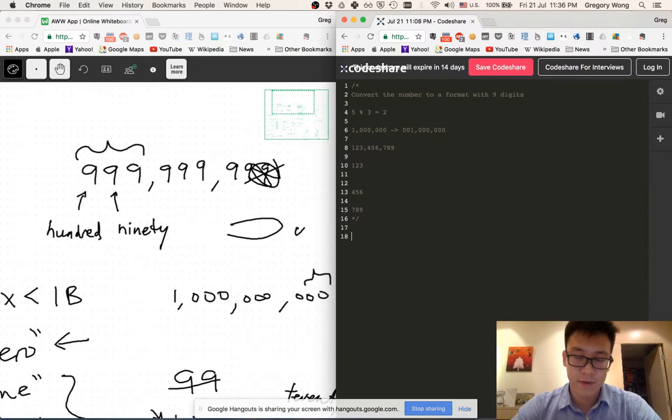So if I had a function, it would return a string, right? And I would be giving it a maximum of a 3-digit number. Okay.